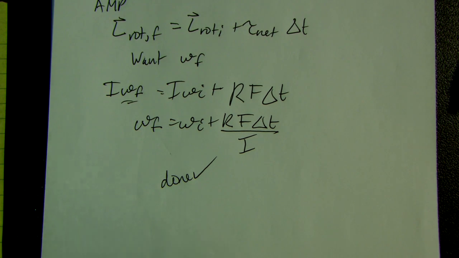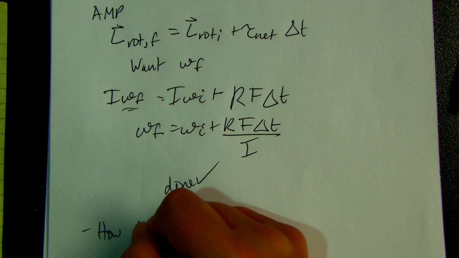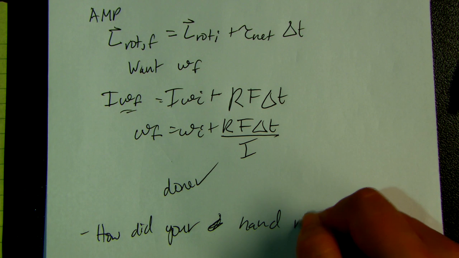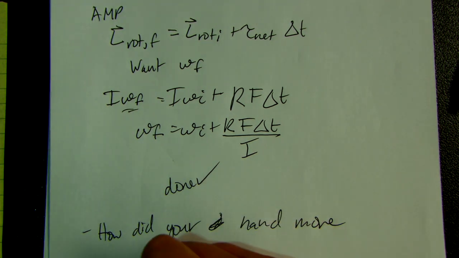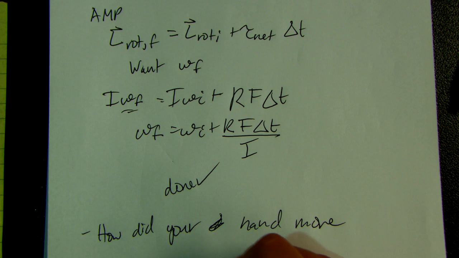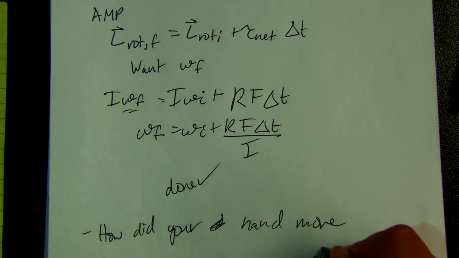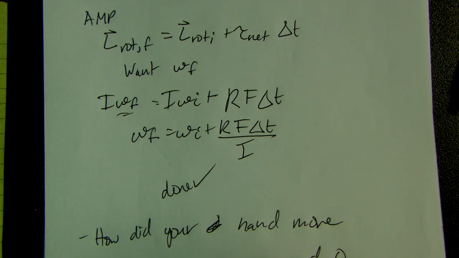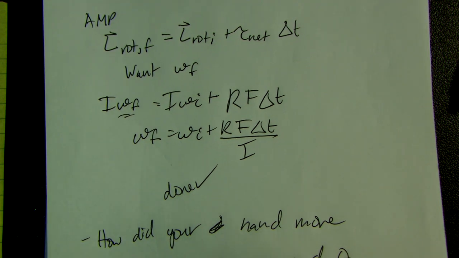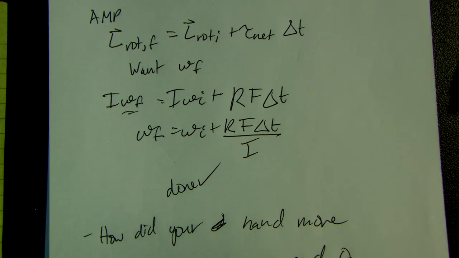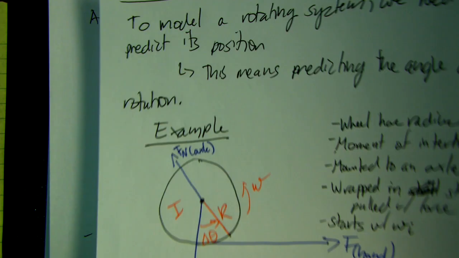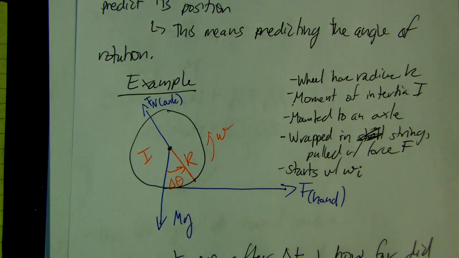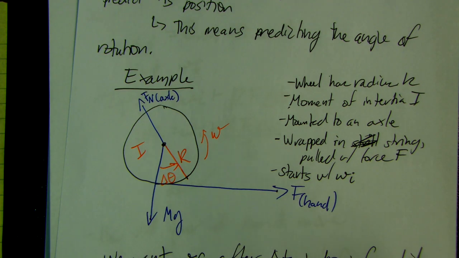Beautiful. All right, so how far did your hand move? So for this, we need theta. Because if you think about it, as you're pulling string off, you're changing delta theta, which that arc length will correspond to the distance that your hand is moving.